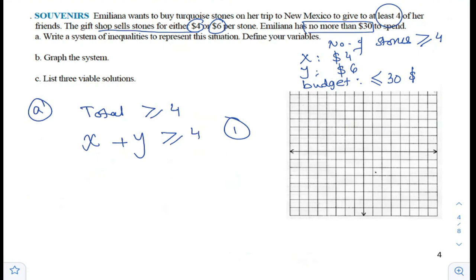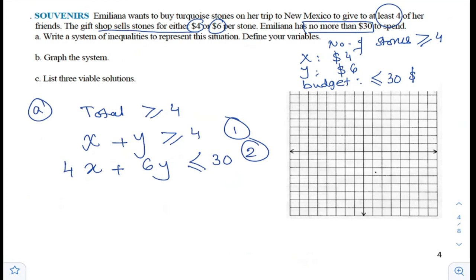We can say that $4 times X, which is the price of the $4 stone, plus 6 times Y, which is the total price if she buys the $6 stone, should be less than or equal to 30. This is inequality number 2.